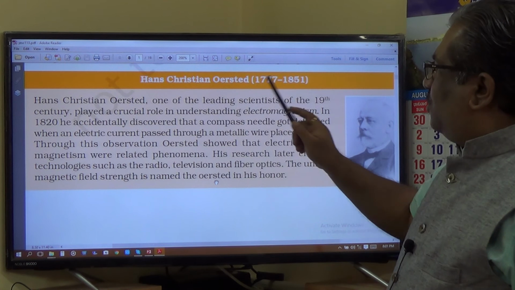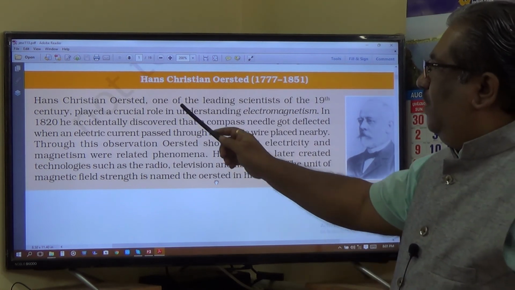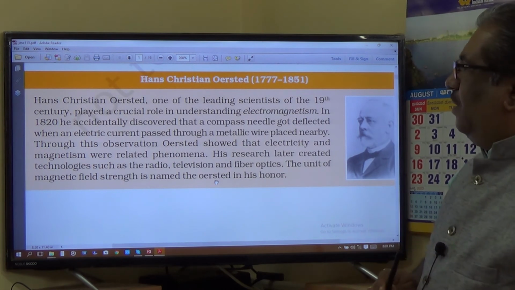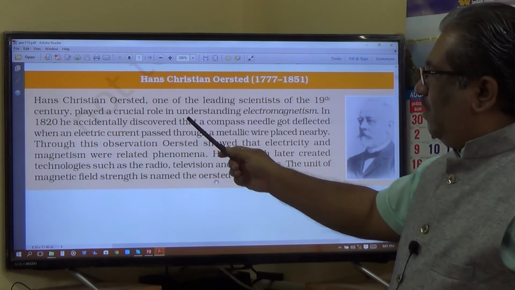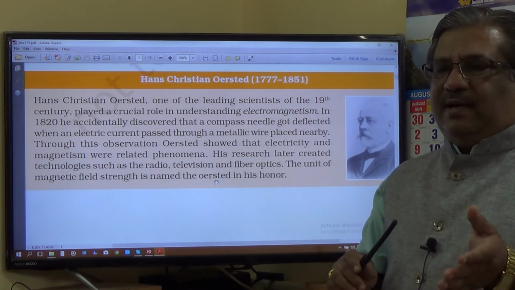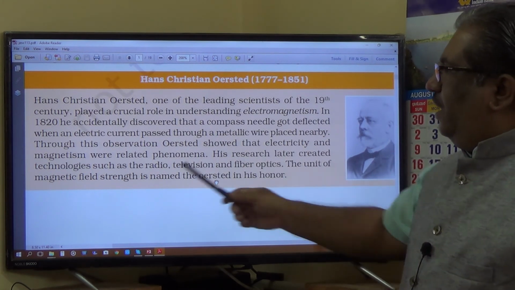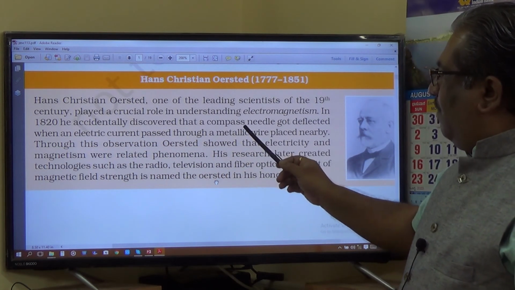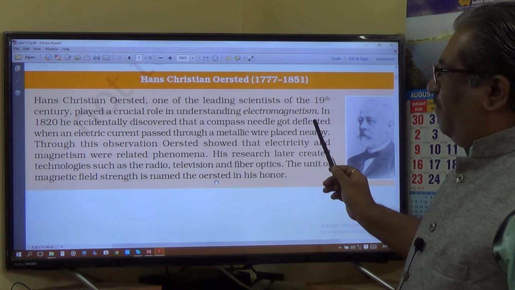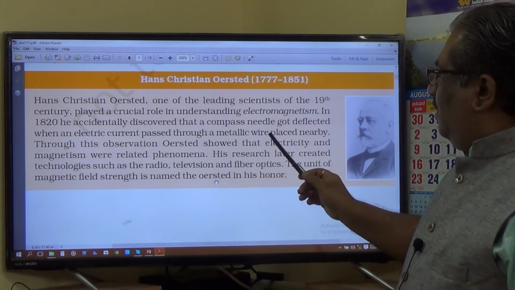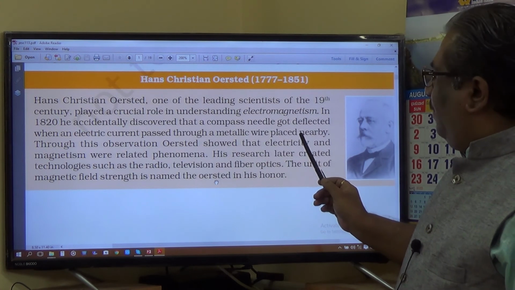Hans Christian Oersted was one of the leading scientists of the 19th century. He played a crucial role in understanding electromagnetism, the relationship between electricity and magnetism. In 1820, he accidentally discovered that a compass needle got deflected when an electric current passed through a metallic wire placed nearby.